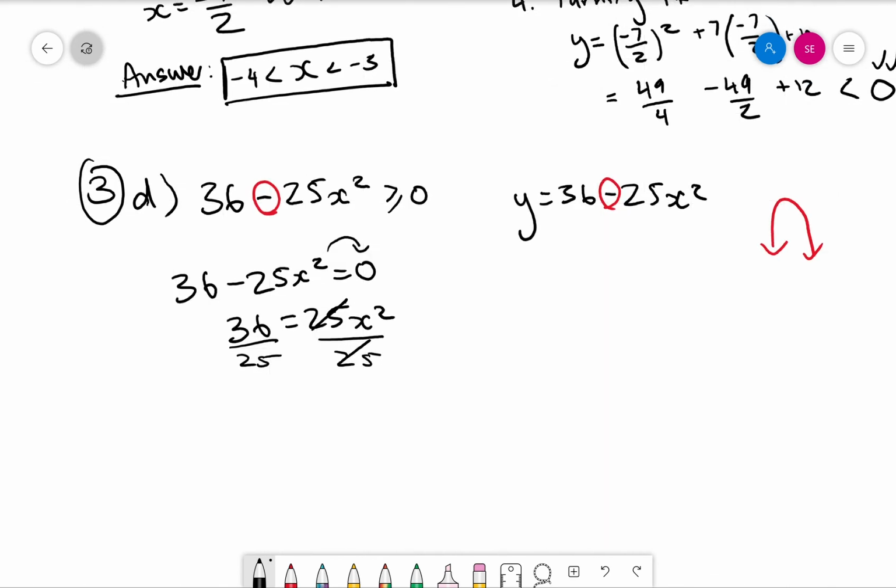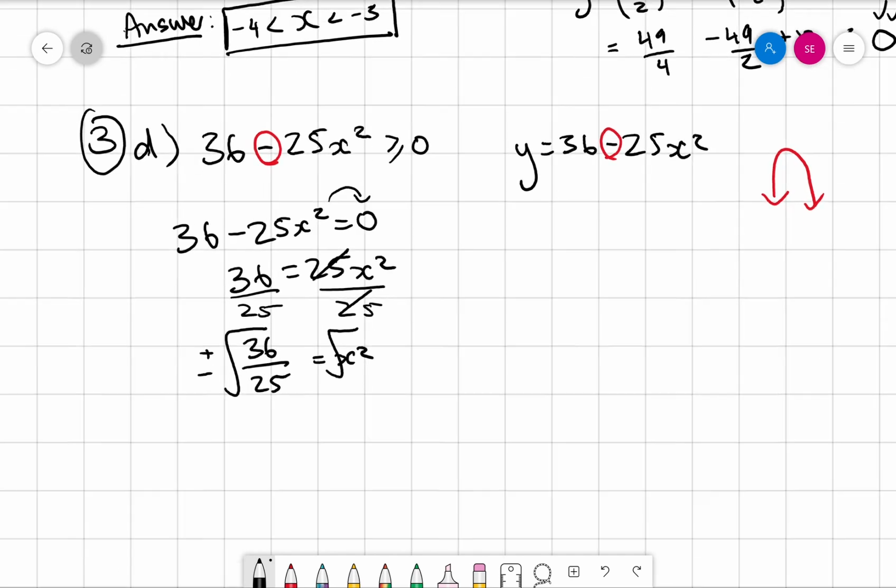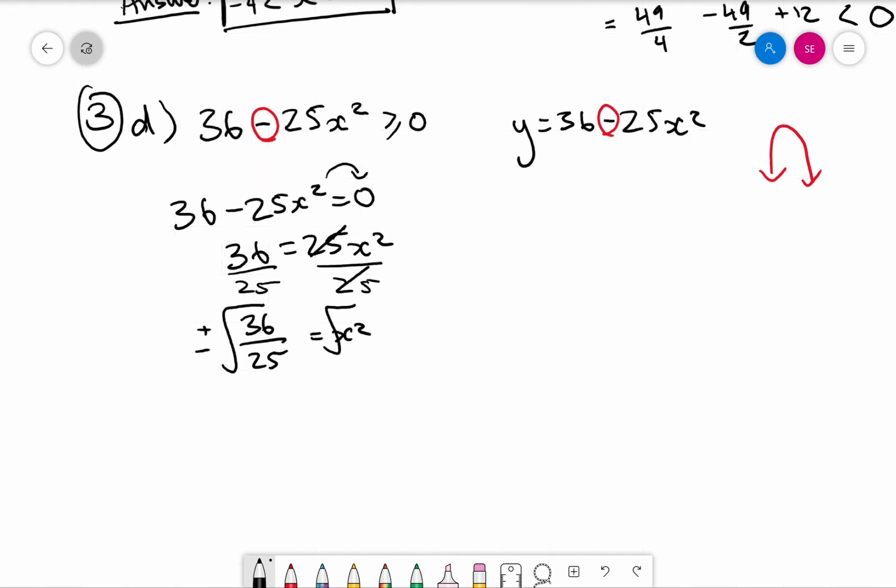They'll cancel out. So we'll get 36 on 25 is equal to x squared. Now what we can do is take the square root on both sides, but you have to remember that we've got to take the plus or minus here. So we'll get plus or minus 6 on 5 is equal to x. So there'll be our x-intercepts.